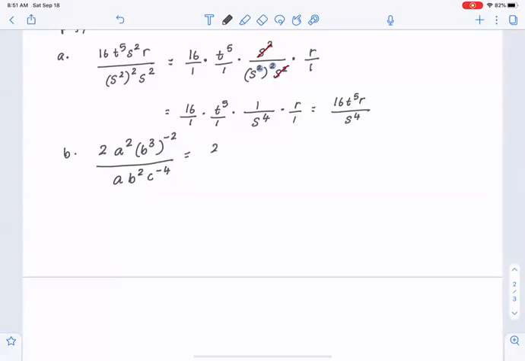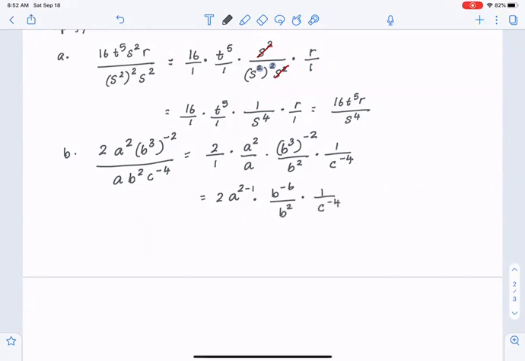So let's just split the terms. 2 over 1, a squared over a, b cubed raised negative 2 over b squared, 1 over c raised negative 4. 2, a numerator power minus the denominator power, 2 minus 1. 3 times negative 2 is negative 6 over b squared, multiplied by 1 over c raised negative 4.